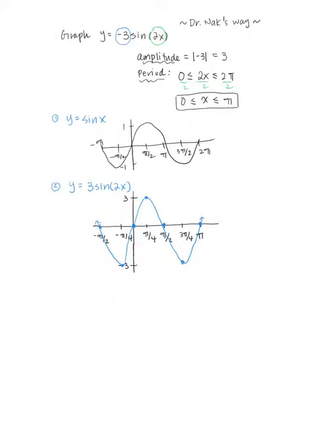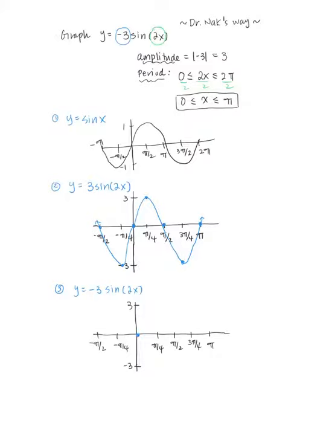And then lastly, multiply by the negative. So if you're going to multiply by a negative 1, all you got to do is flip that graph over. Okay, so step 3, y equals negative 3 sine of 2x. Okay, so let's do this.